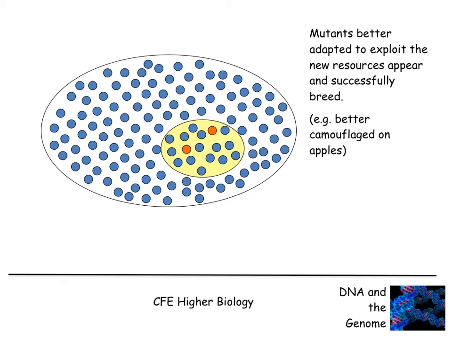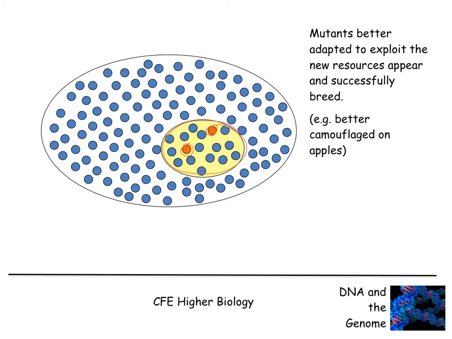Here we've got our two populations, our ones in the hawthorn bushes, our ones in the apple tree, and it may be that there are some mutants in there that are better adapted to exploit that new resource. Maybe they're better camouflaged on the apples, for example, with some kind of more rosy red colour, as in the diagram here.